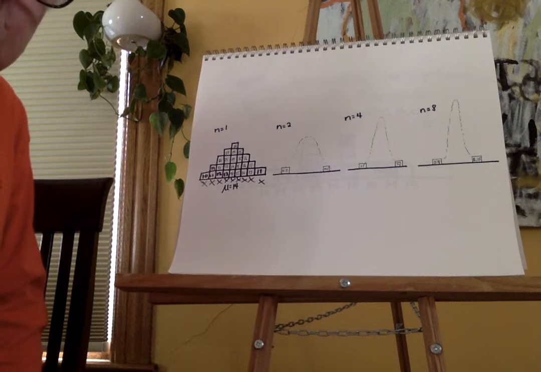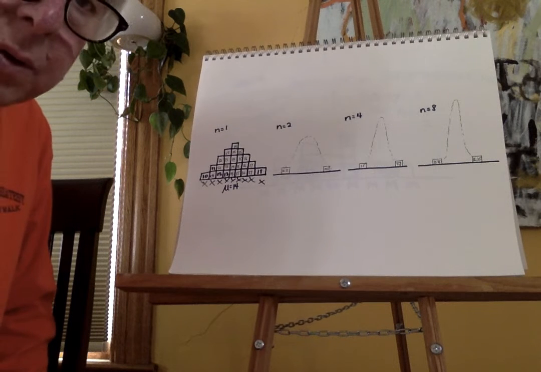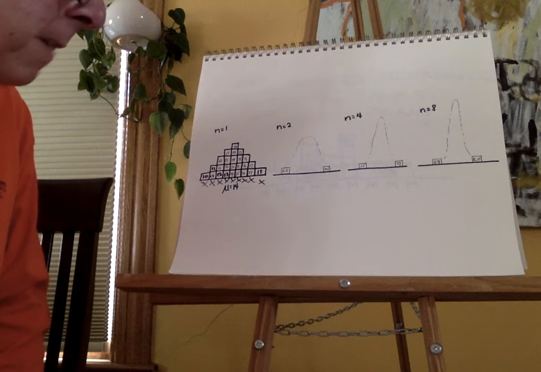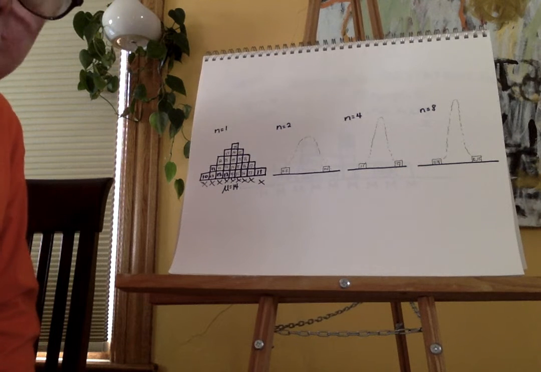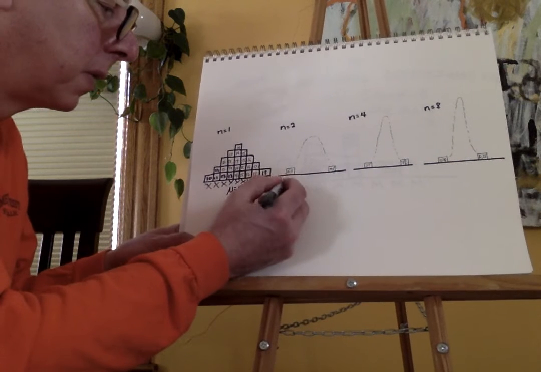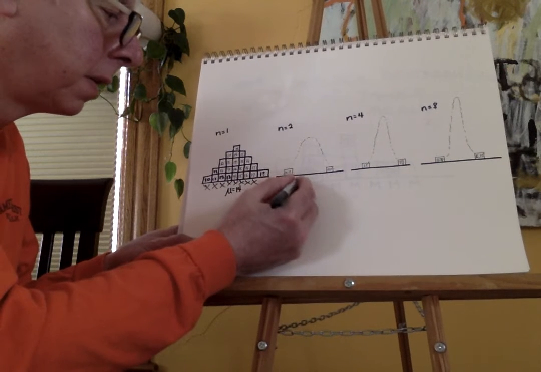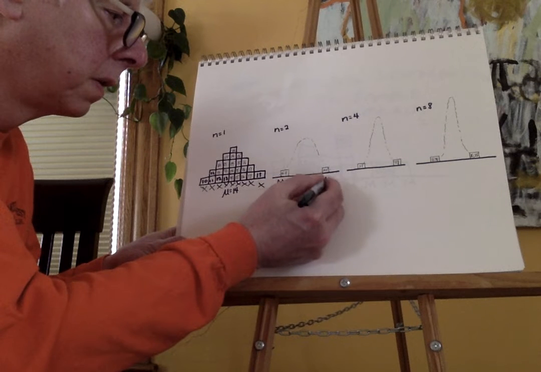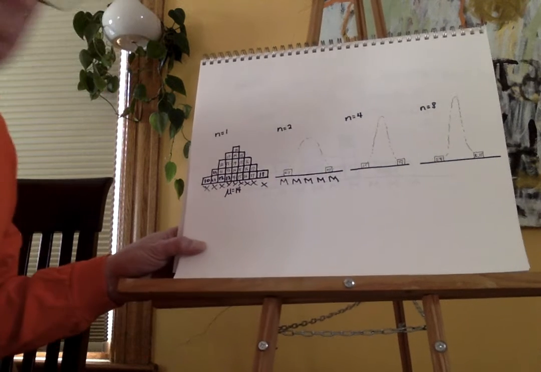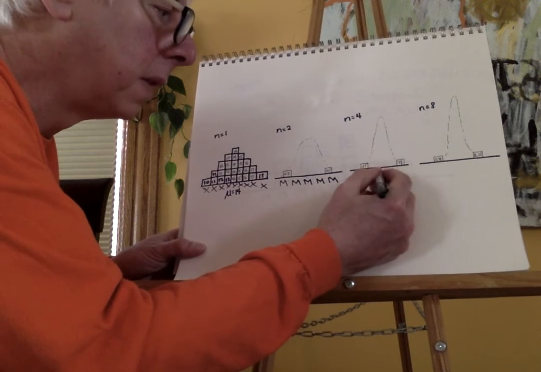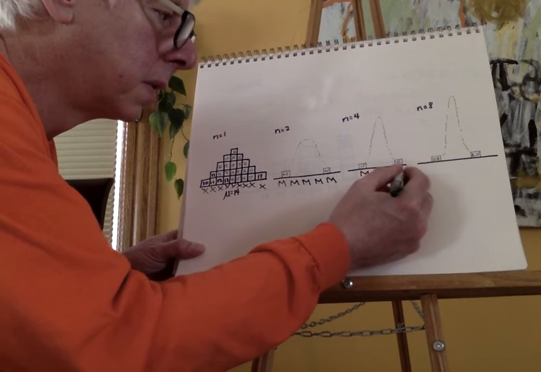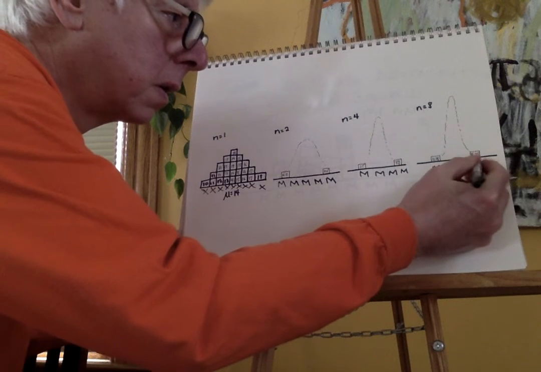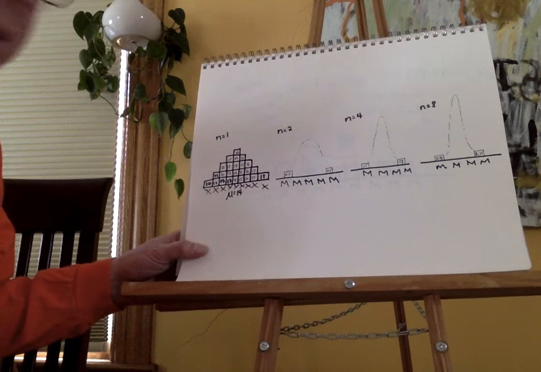Now what we're going to do, just like we went over, we're going to do sampling distributions. And in this case, this is going to be M down here. These are M's. That is values for the mean for each sample.